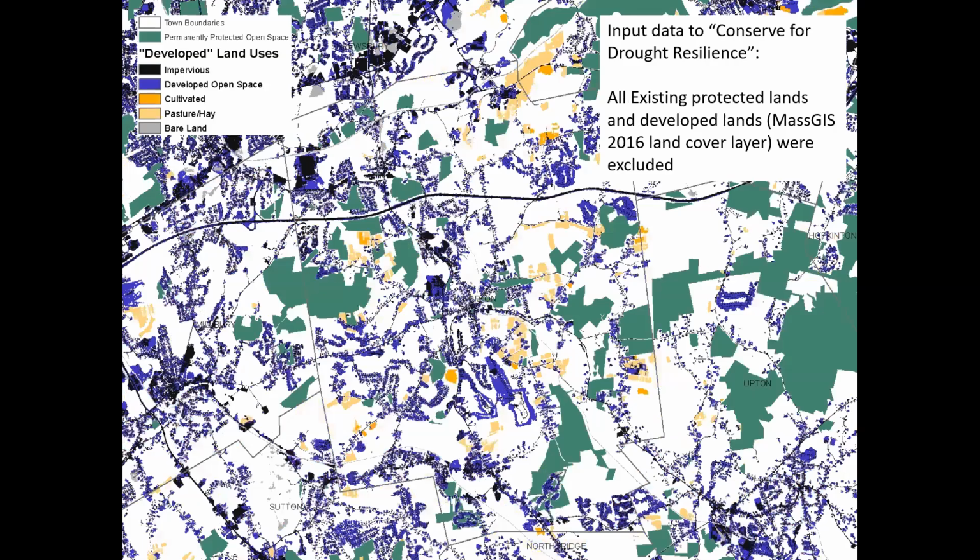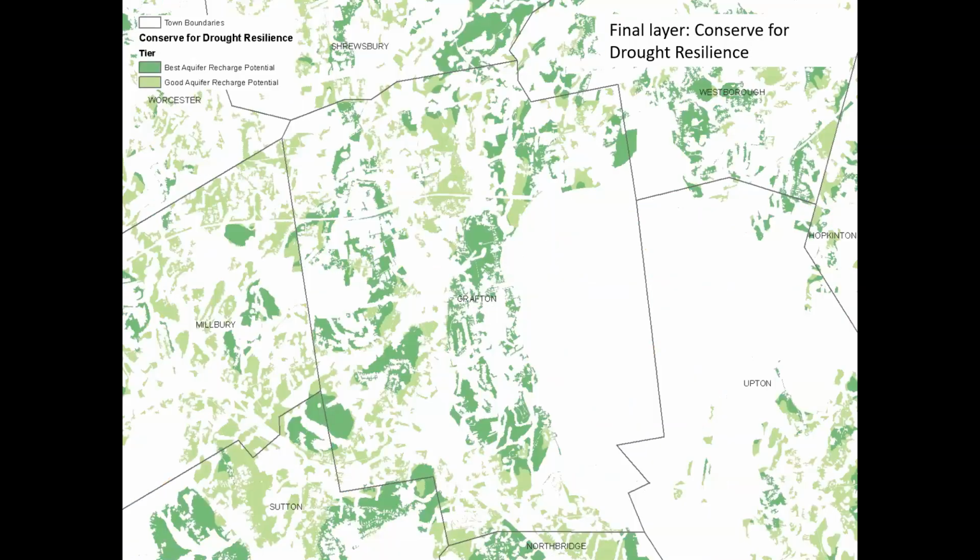This just walks you through areas that were excised if they were permanently protected or what we considered converted or developed. You can see the land use cover types there in the legend: ag lands, impervious surface, developed open spaces. And then this is the result for drought resilience. Areas in the darker green are those type C soils.